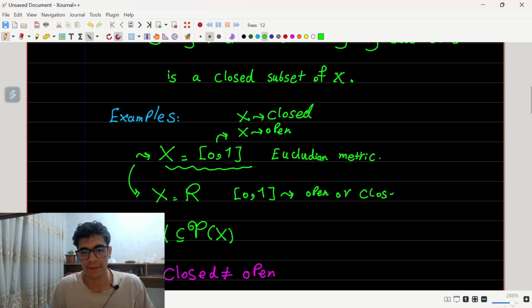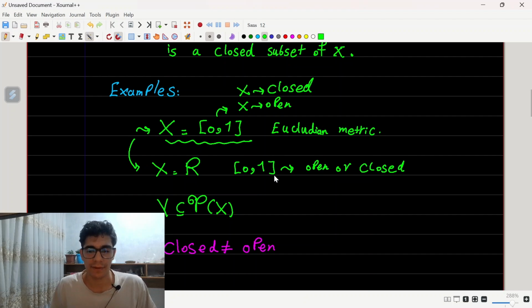And again, with Euclidean metric, this is a closed set because R subtracted by this gives us an open set, and so this is open.